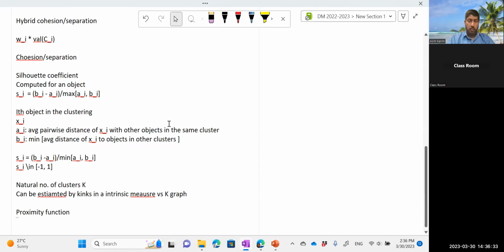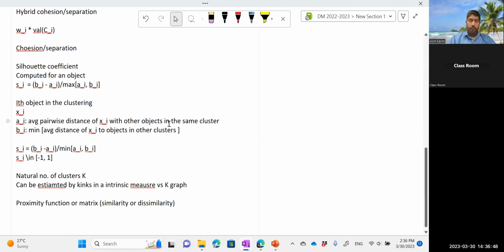By the way, proximity is a general name; it could be similarity or dissimilarity. We usually have this because without it you can't do clustering.